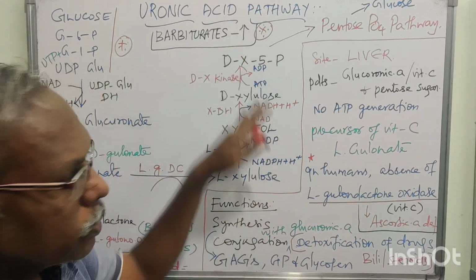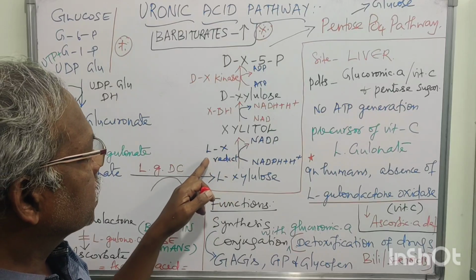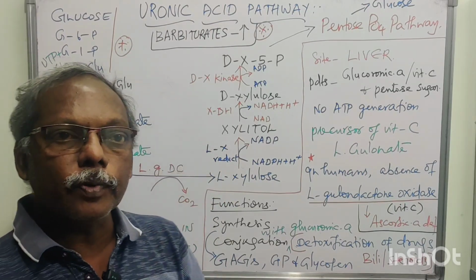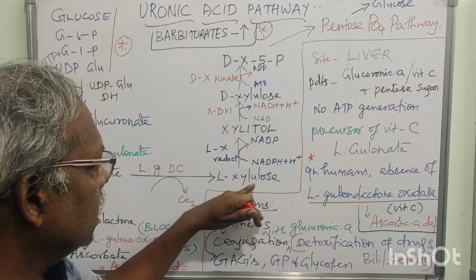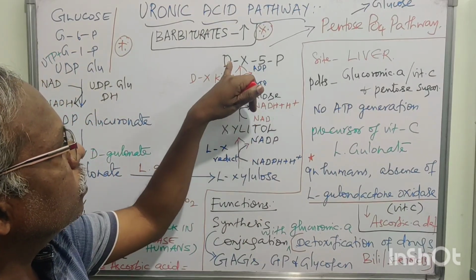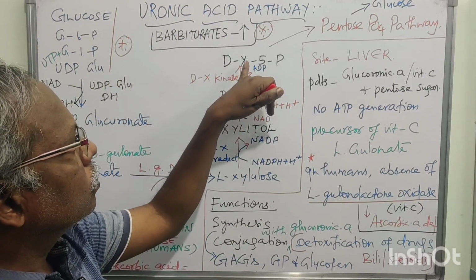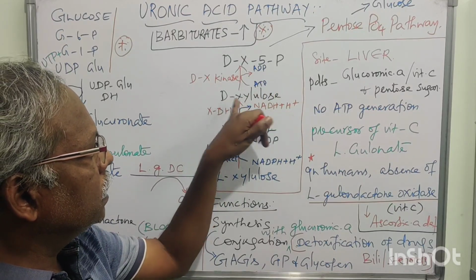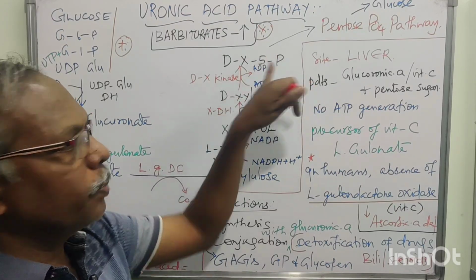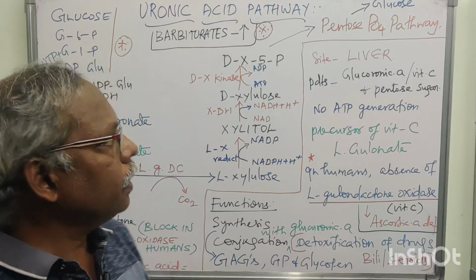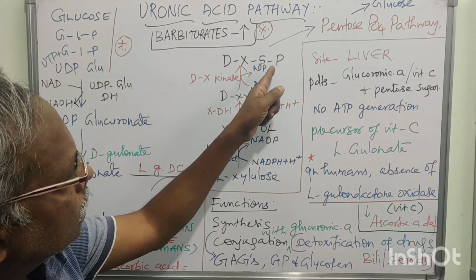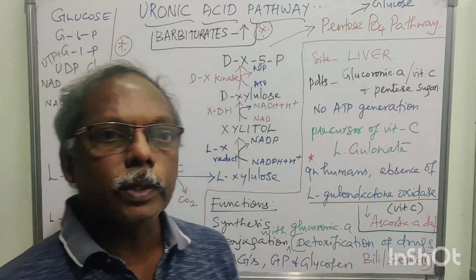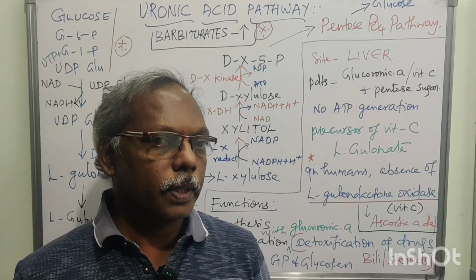You don't worry about the names. Reductase, dehydrogenase and kinase enzymes are involved in these reactions. L-xylulose is converted into D-xylulose 5-phosphate, which finally enters into the pentose phosphate pathway.